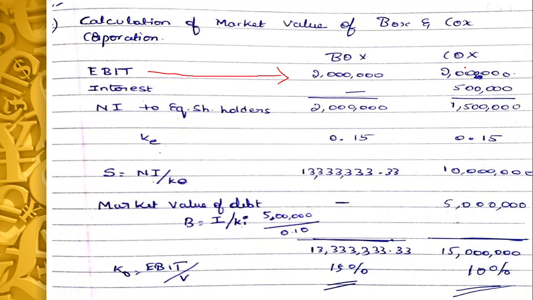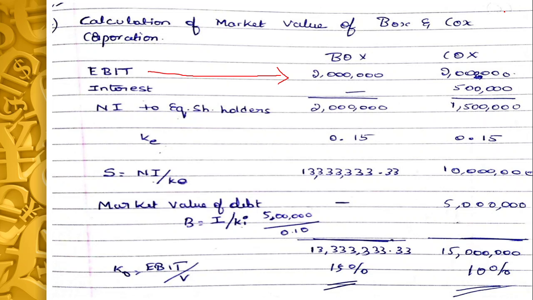Now, this particular interest has been specifically mentioned in the question, which for Box Corporation they have given as nil, and for Cox Corporation they have directly given the value of the interest, which stands at 500,000 rupees. So, we have taken it directly.